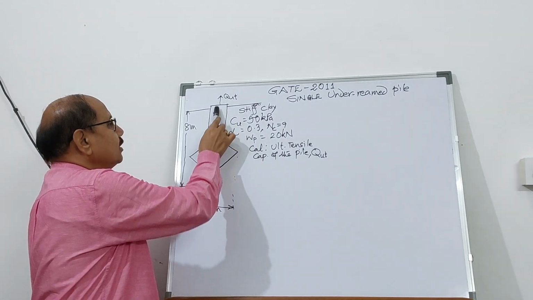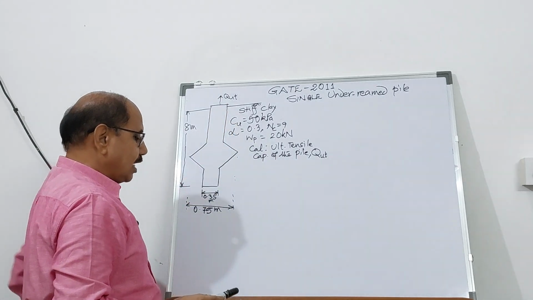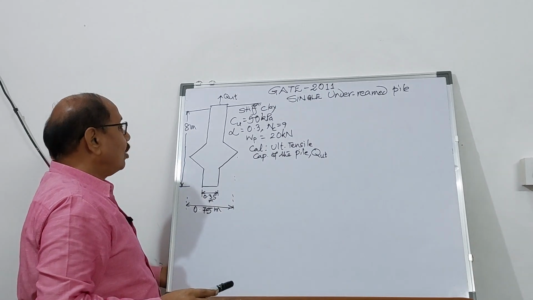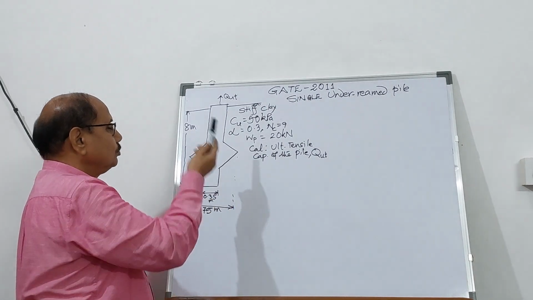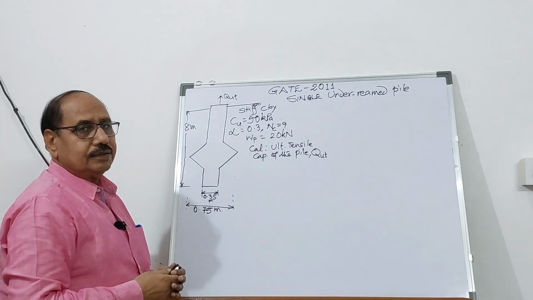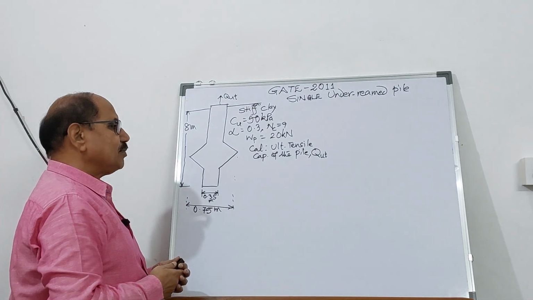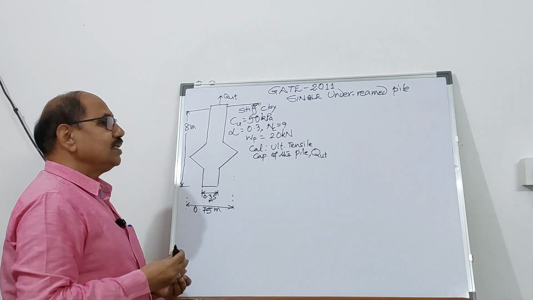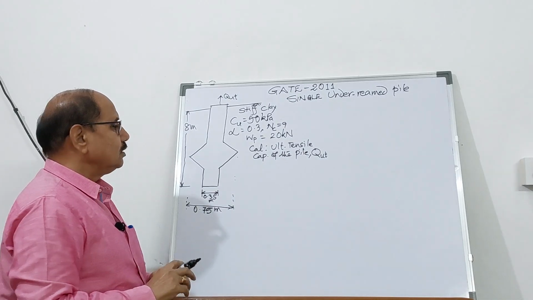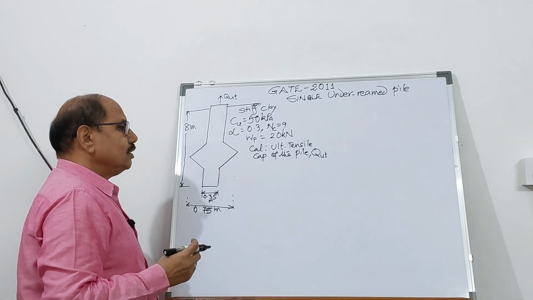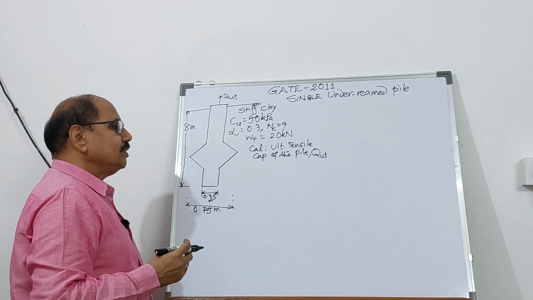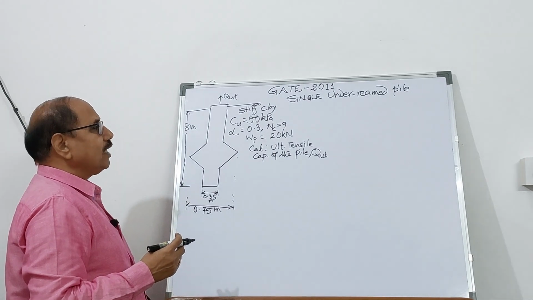So this is the tensile capacity of the pile when you pull it. The pull-out capacity of a single underreamed pile is called the ultimate tensile capacity of the pile.